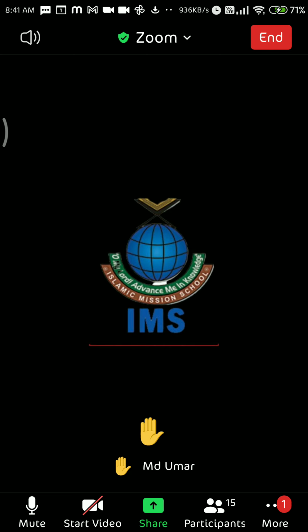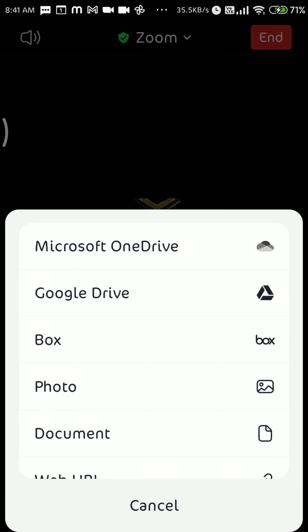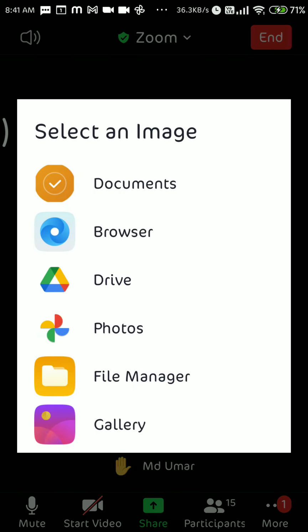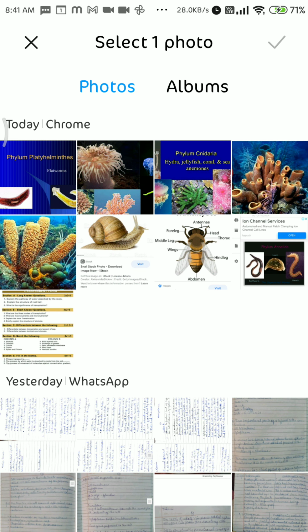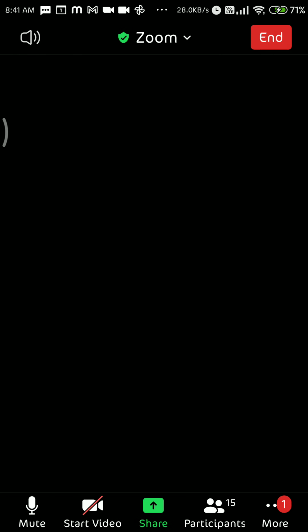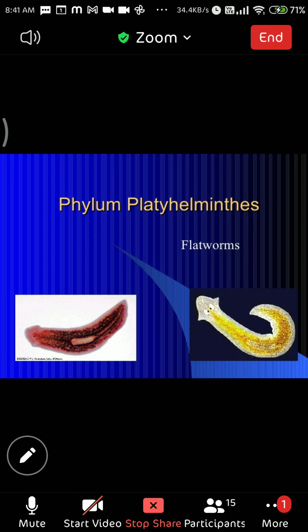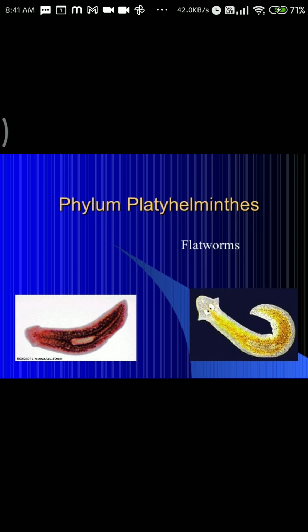This is a flatworm, a member of Platyhelminthes, and here you can see that it's just like a leaf.